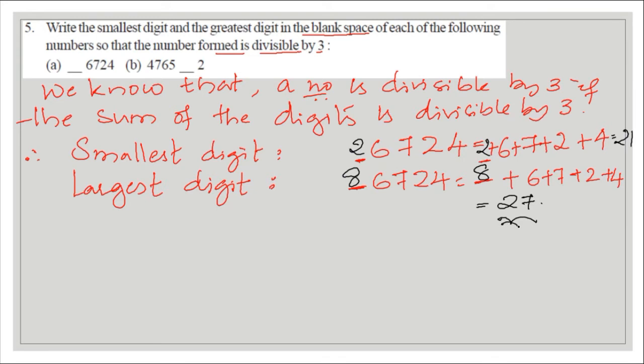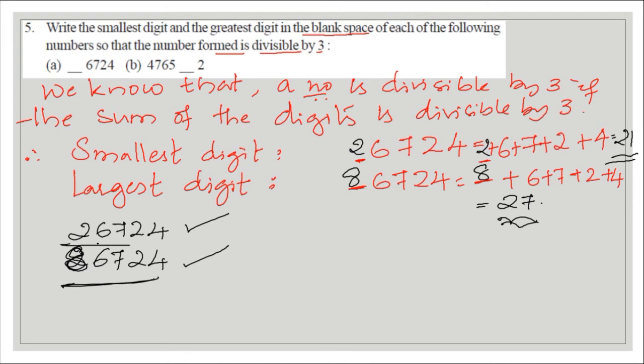This 27 is divisible by 3. Therefore, the smallest digit is 2 and we get the number as 26724, and one more number we get is 86724. This is the smallest number, this is the largest number. So we have replaced this blank with 2 and 8.